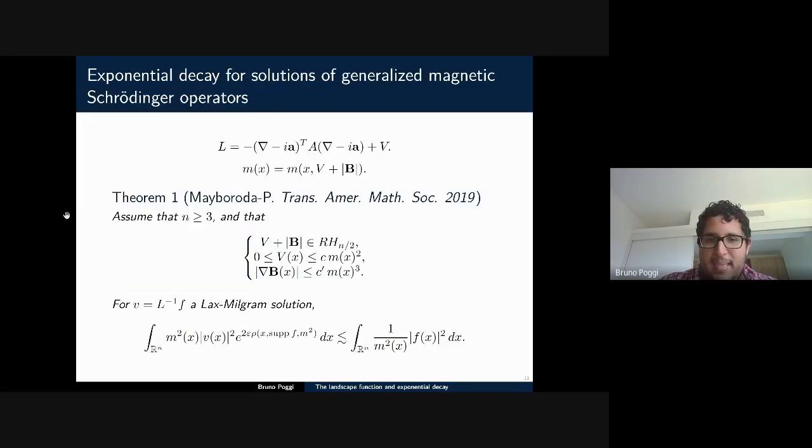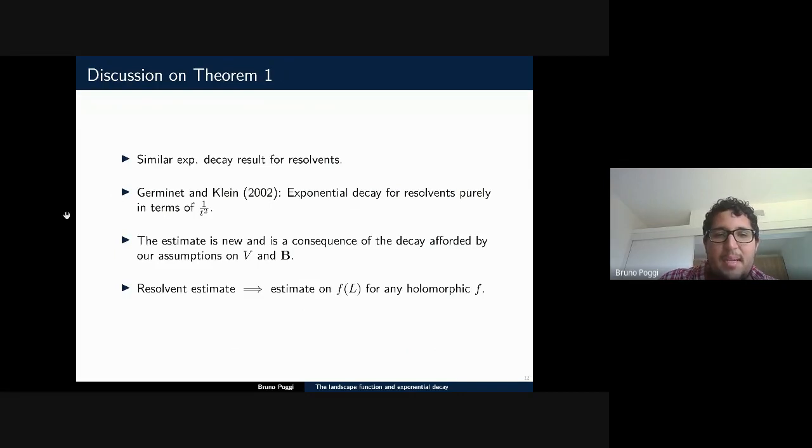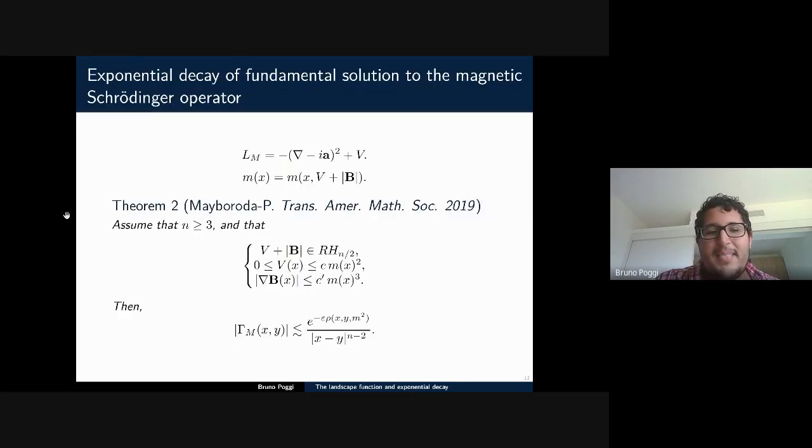So in the next theorem, we have the exponential decay upper bound for the fundamental solution of the magnetic Schrödinger operator. But in this case, we no longer consider generalized ones.